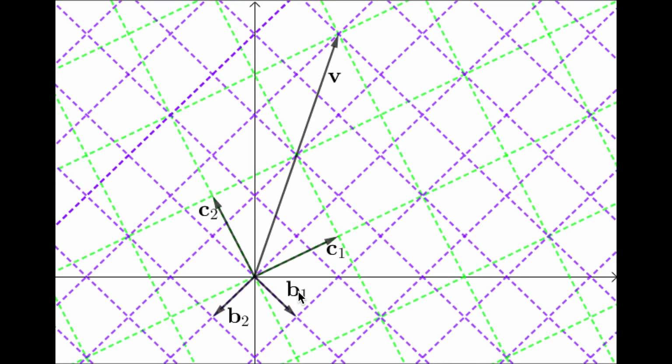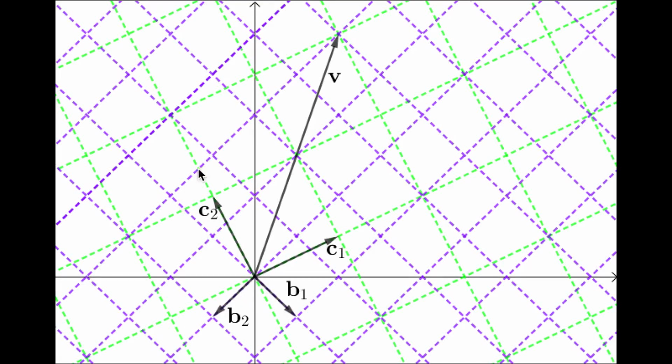We already know the answer. It's negative 2, negative 4, but why? Can we see that from the graph? I think we can. So basis B1 points this way, and so the positive direction is this way, so the negative direction must be this way. We go -2 in the B1 direction, and then -4 in the B2 direction. Well, the B2 direction, the positive direction, is down to the left.